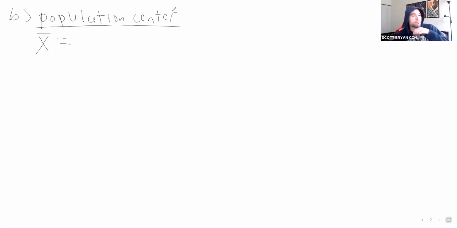The x-coordinate of the population center is going to be 1 over the population times the integral over the city of x times the density.